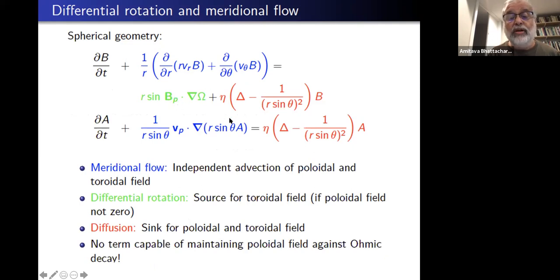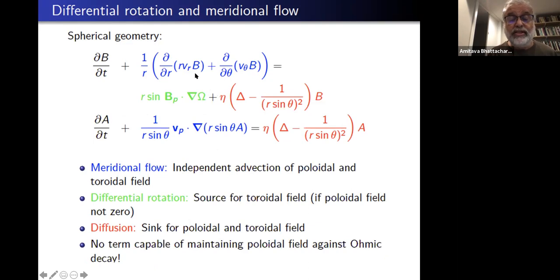BP is the poloidal field. And on the right-hand side, the red terms are the diffusion terms. And the rest is just vector algebra in spherical polar coordinates. Okay? The meridional flow is the independent advection of poloidal and toroidal field.